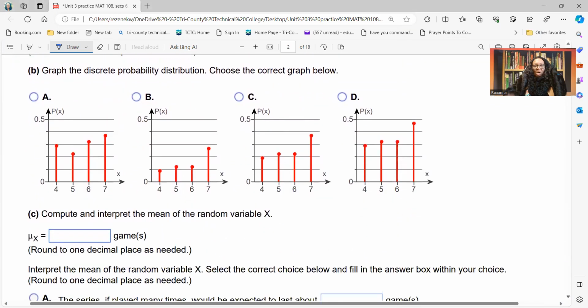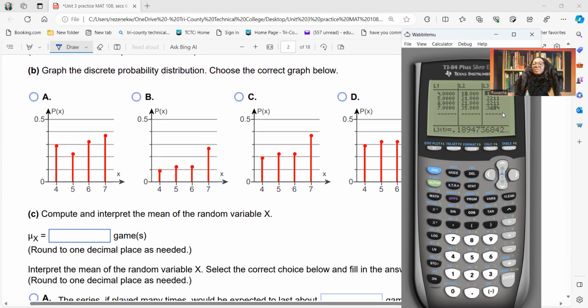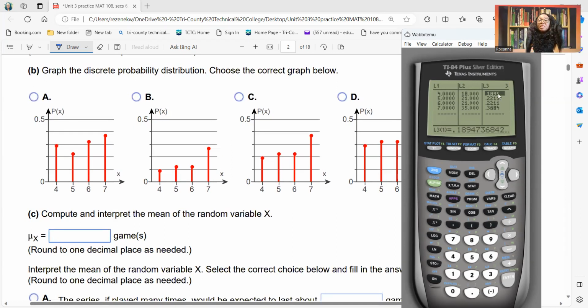It says draw a probability distribution. Okay, so you ask yourself, what is the highest probability? The highest probability is 0.4. And random variables are in the base, which is x.